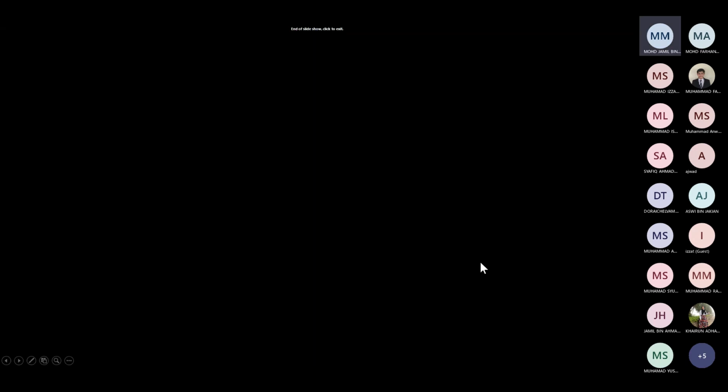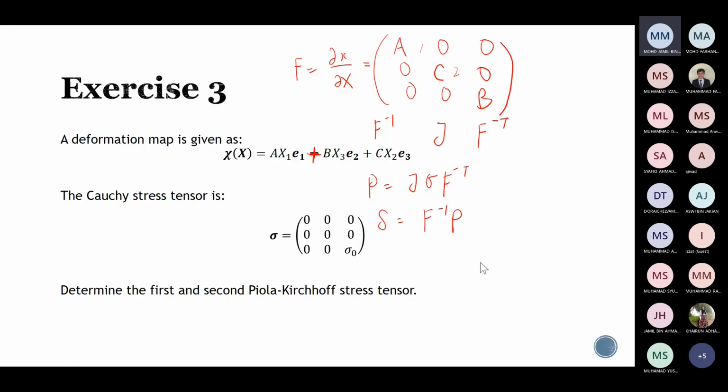So that's it for today's lecture. We have covered the deformation and stress. After this, we are going to look at the stress or the balance equation: how we can determine the balance of, let's say, volume or the velocity of the particles in the body, so that we can further calculate the motion of the body.